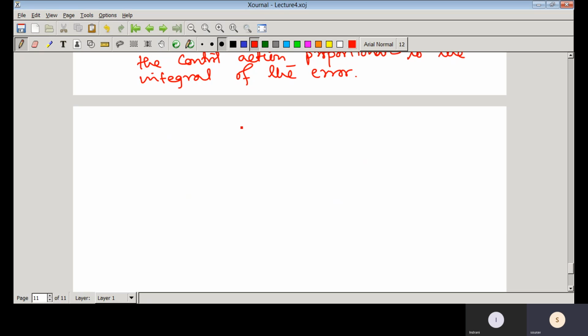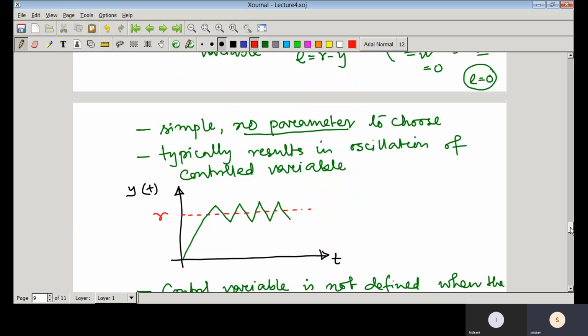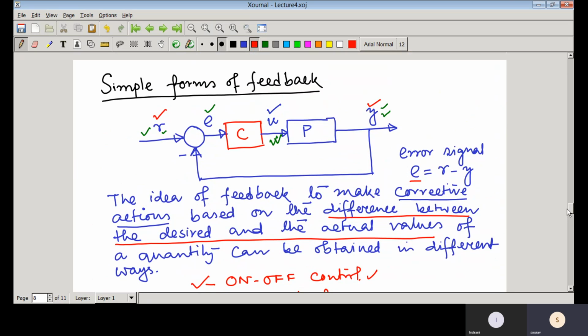So the control input u(t): we are trying to make u(t) equal to the integral of e dt. In case of the proportional controller, you had u equal to only Kp into e.